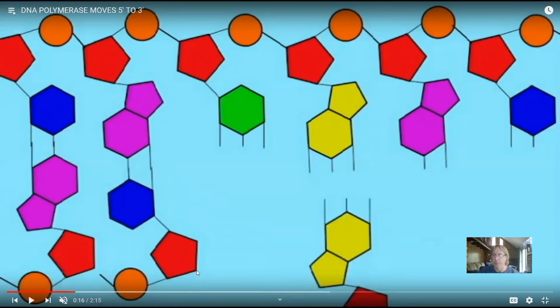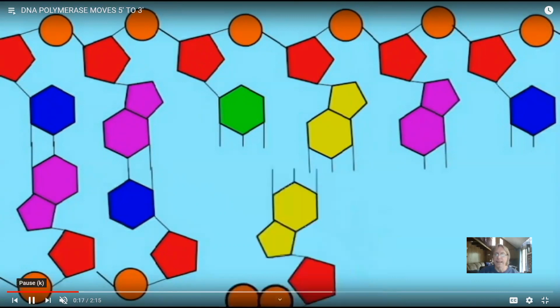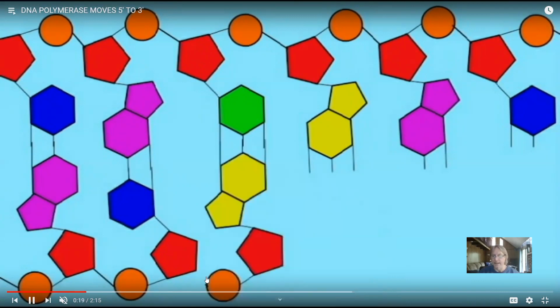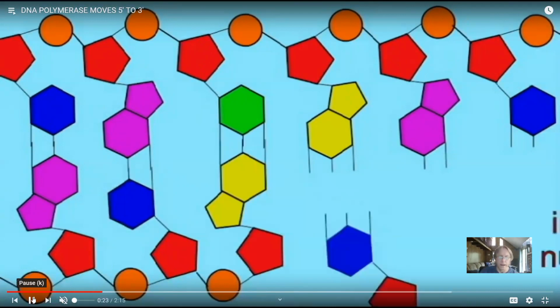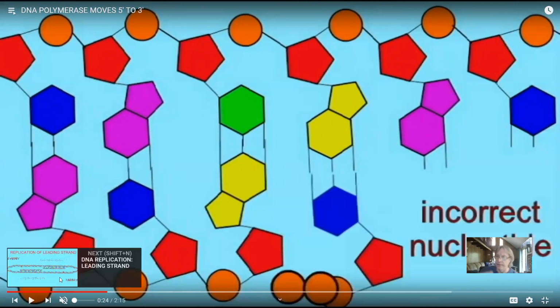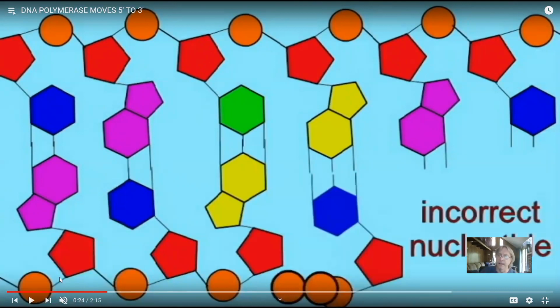Here's the 3' carbon. The new nucleotide is going to come in so that its 5' end can be attached to the 3' end of the original. So that comes into play in just a minute in the next video. New nucleotides can only be added when the 5' end comes in first. DNA polymerase adds new nucleotides from the 5' to 3' direction.